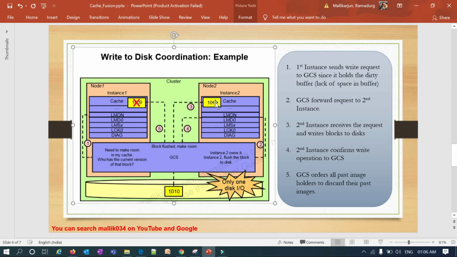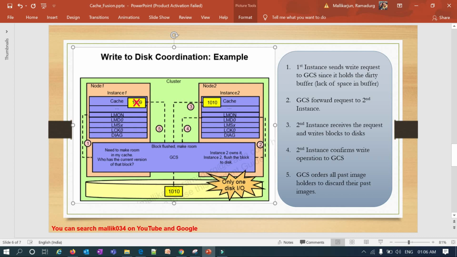Instance 2 is marked as the holder in the GRD table, so GCS is able to find out that instance 2 has the latest image copy of that block, and the request is sent to instance 2. The second instance receives that request and writes the block to the disk. It says that instead of 1009, I have the latest copy, 1010, let me write it to the disk.